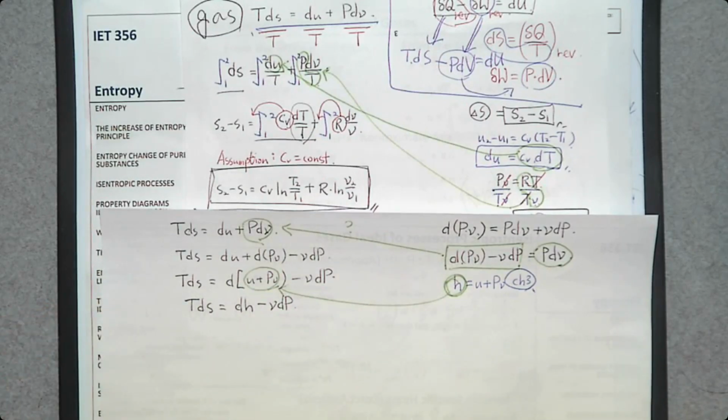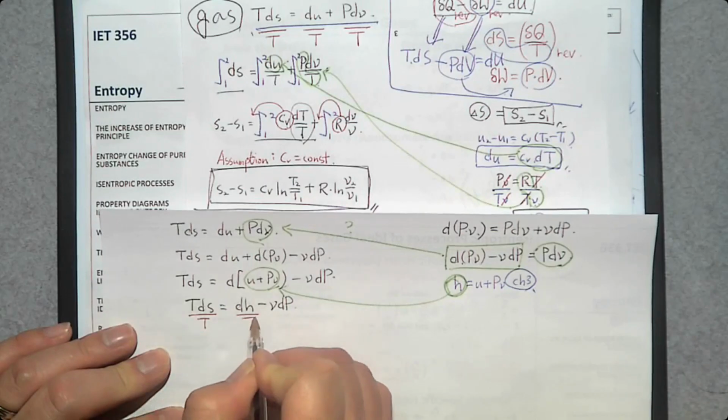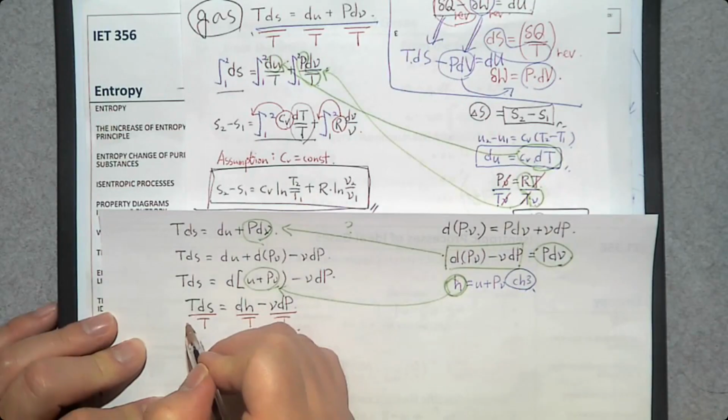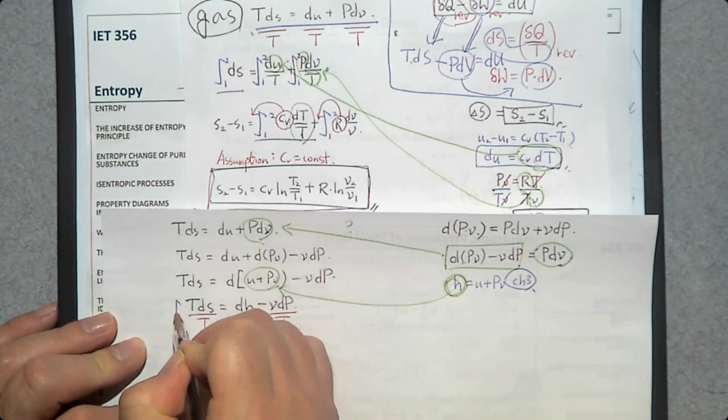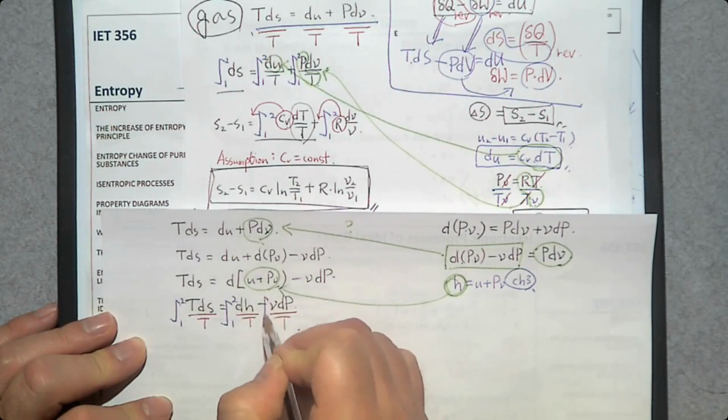Now we can do the same. Divide by temperature T, and integrate from 1 to 2.